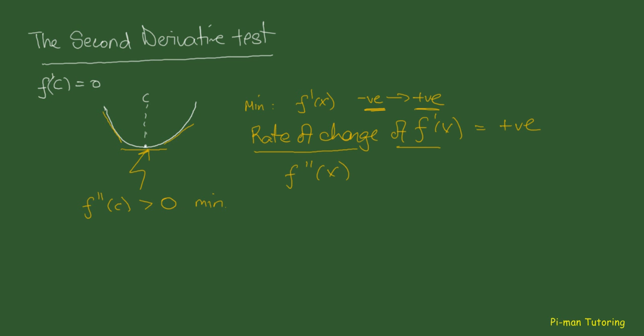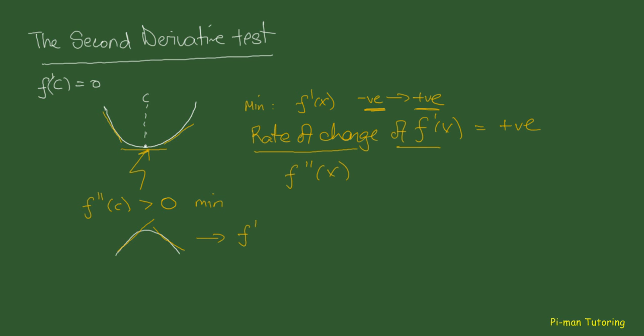0 for a minimum. And of course the opposite is true, that if this function was curved in the other direction, then we know that f dashed of x is going from a positive value to a negative value, and that means that the rate of change of f dashed must be negative.